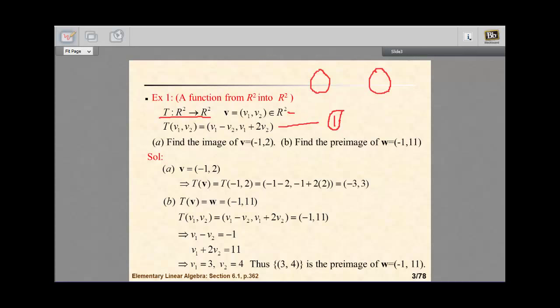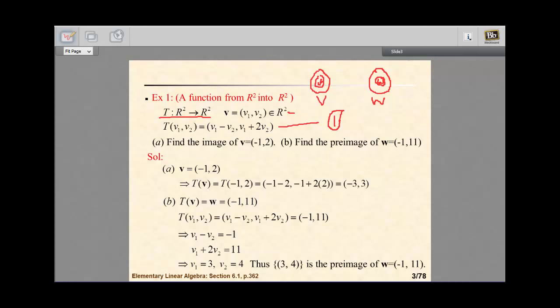So first, we will find the image. This is capital V, and this is capital W, and this is a small v, and this is a small w. So he wants to find the image of v, that is (-1, 2).